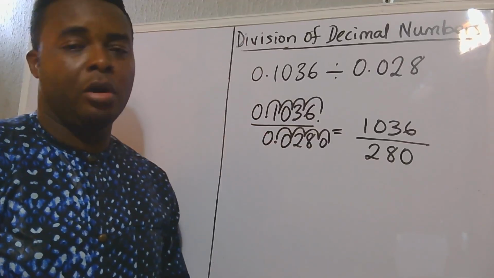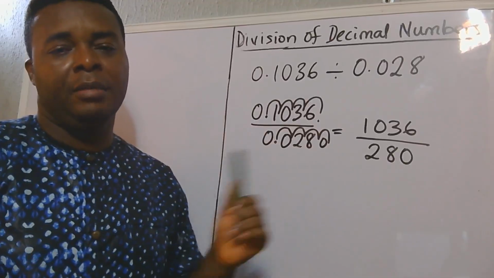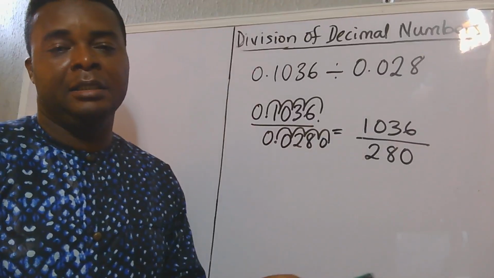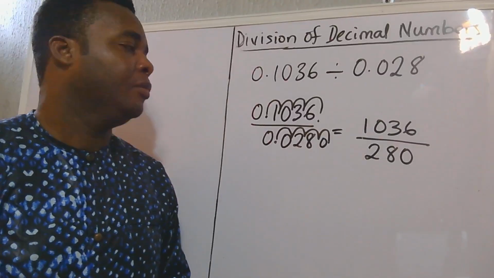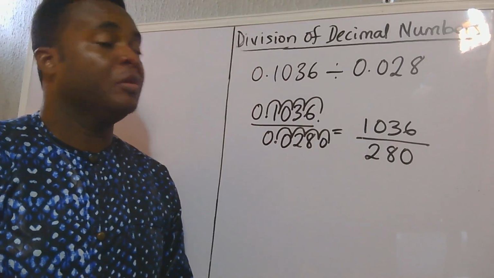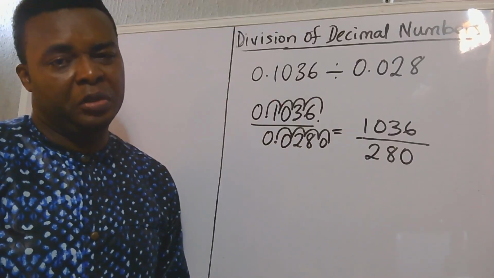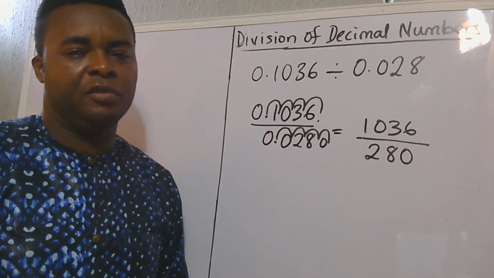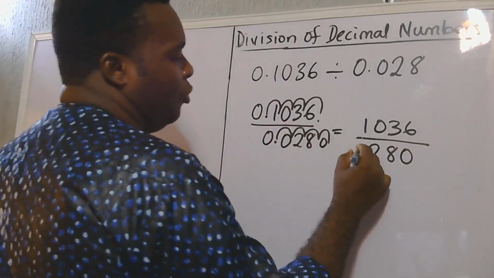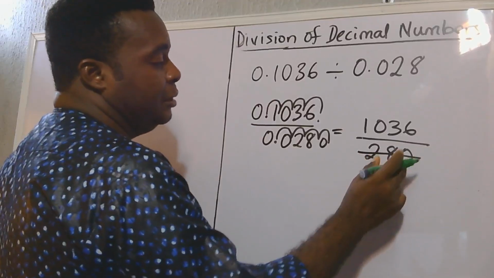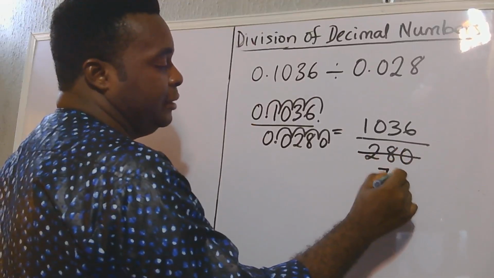Now we are going to look for a common factor, a number that can divide both the numerator and the denominator without a remainder. And so, for now, we can start with 4. You can also use 2, but just to make it faster, let's use 4, okay? 4 in 280, so we say 4 in 28 is 7, and 4 in 0 is 0.